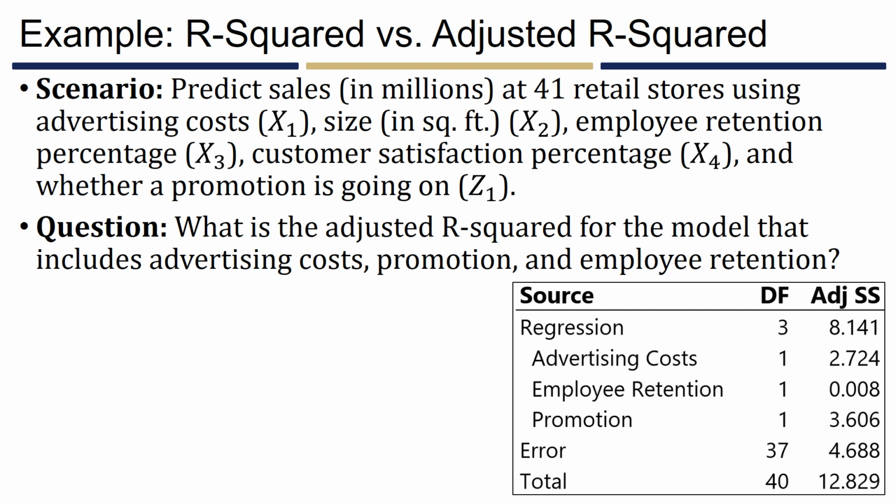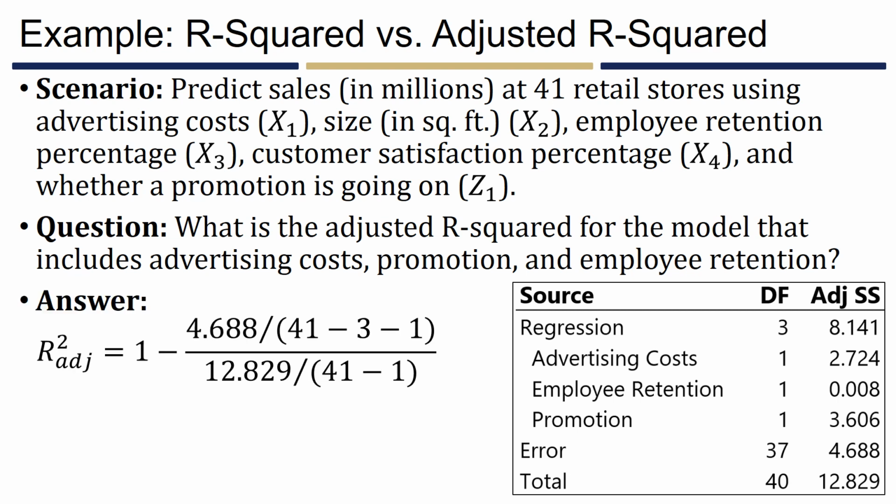This is going to be reflected whenever we calculate out the adjusted R squared. Our adjusted R squared is going to be 1 minus the SSE, 4.688, divided by the degrees of freedom in the error term, which is now 37, because we have 3 predictors in the model. So notice that the SSE didn't change by much, but now our denominator is 37 instead of 38. The denominator in the entire calculation stays the same.